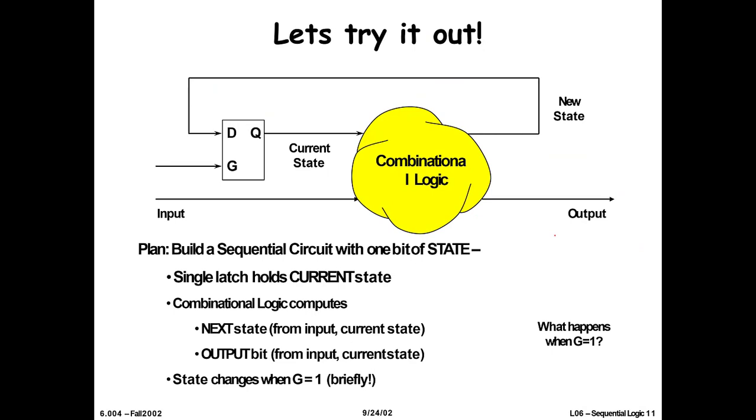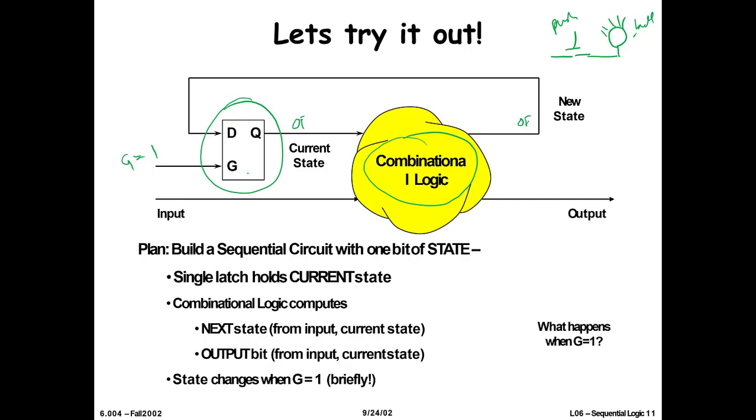Okay, again let's put our latch, which is this one, in this design. Remember the problem that we want to build a push button and a bulb system. Okay, imagine if we put our device here, and here we have our combinational logic, then what can happen? Let's say we make G equal to 1, so our gate is now open, and the current state stored in our flip-flop is off.